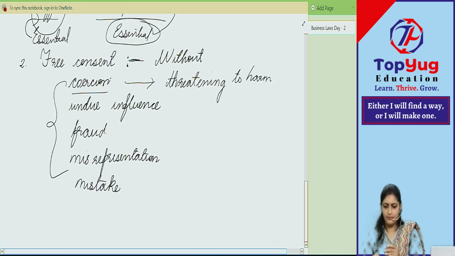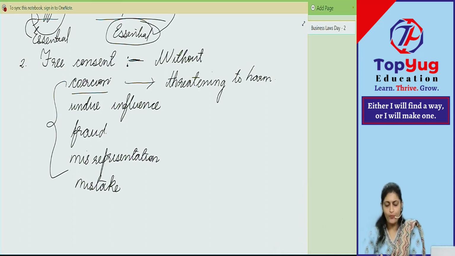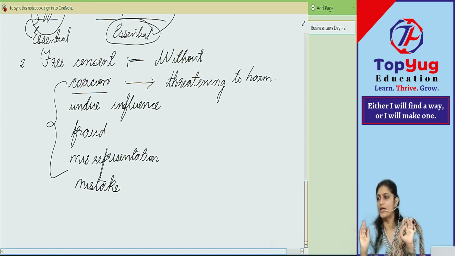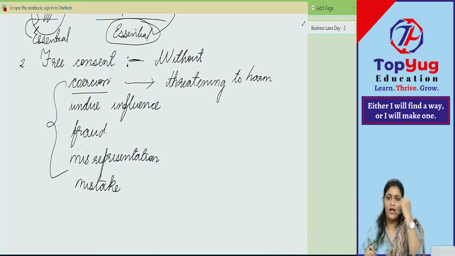Say, for example, I am telling you, I want to sell my house to you, which is worth 10 lakh rupees. But you will have to pay me how much? 50 lakh rupees. Come on. I will sell you my house, you pay me 50 lakh rupees.